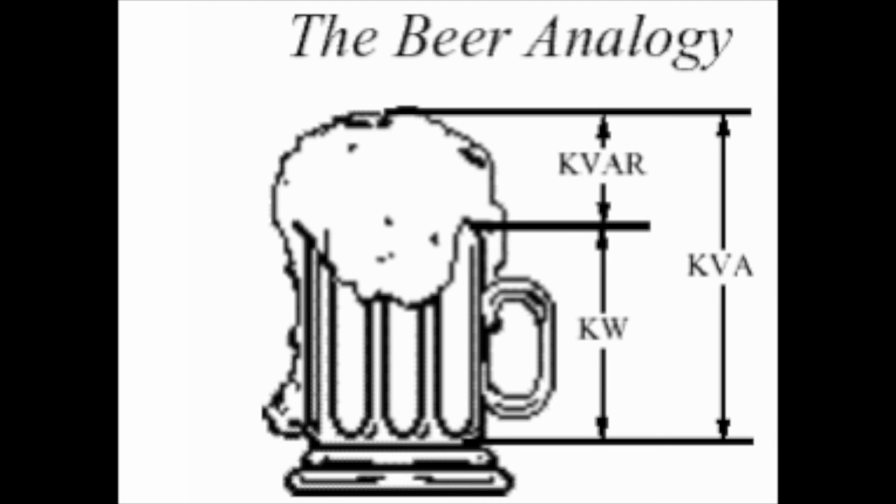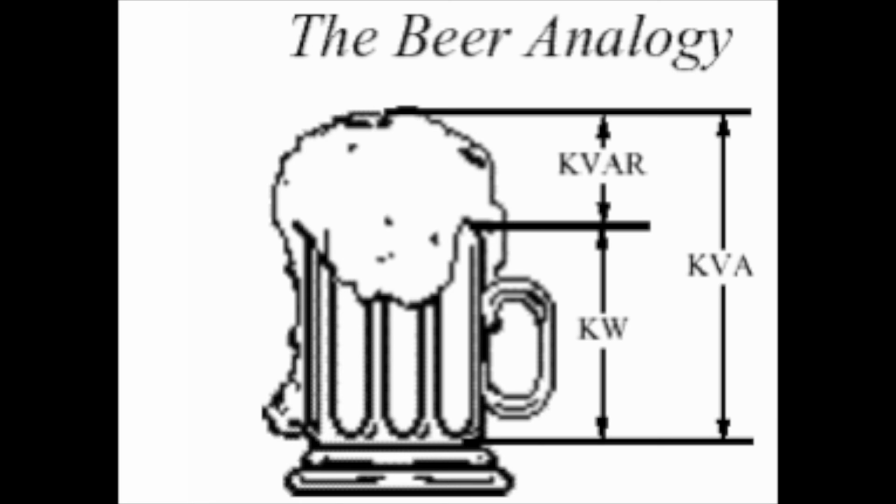So what causes a large kVAR in a system? Inductive loads. Inductive loads, which are sources of reactive power, include transformers, induction motors, induction generators, and high intensity discharge lighting. So they constitute a major portion of the power consumed in industrial complexes.